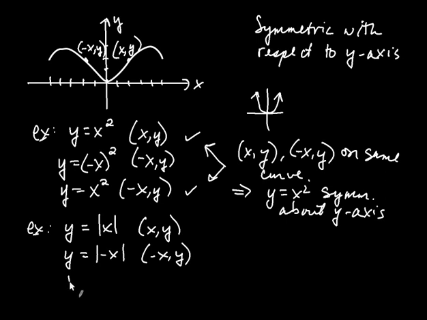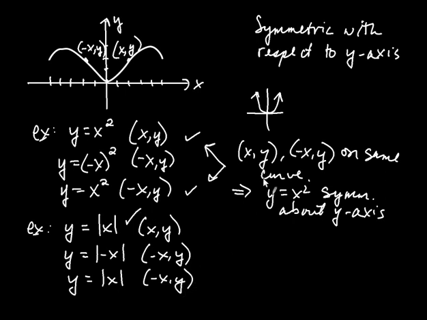But this is the same thing as y equals the absolute value of x. So negative xy satisfies this equation, which is the same equation satisfied by xy. Because both of these points satisfy the same equation, they're on the same curve, and therefore, by our criteria, this curve must have y-axis symmetry as well.